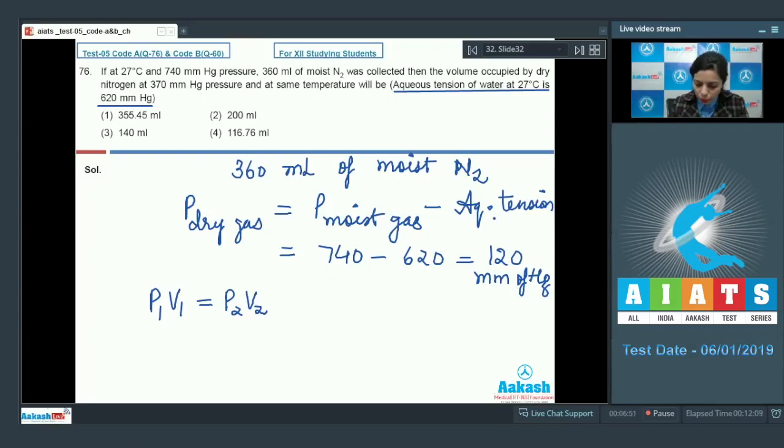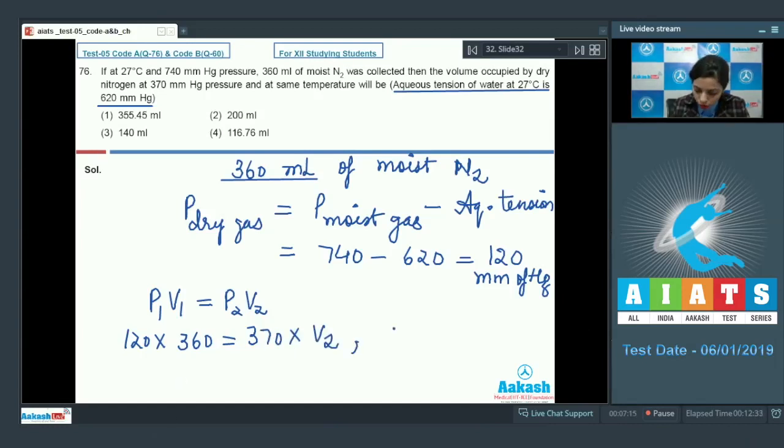Let's assume that P1 is the pressure of dry gas that we have right now calculated, 120. Its volume, that's already given here. We have already written here in the question also, 360 ml. So multiply 360, that should be equal to the pressure of the dry nitrogen gas, 370, and the volume we need to find out.